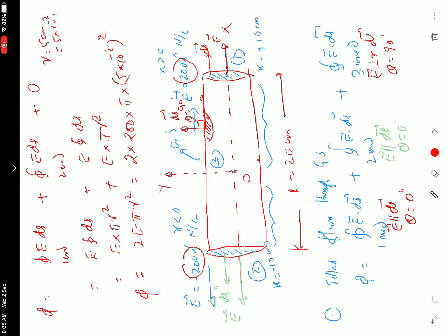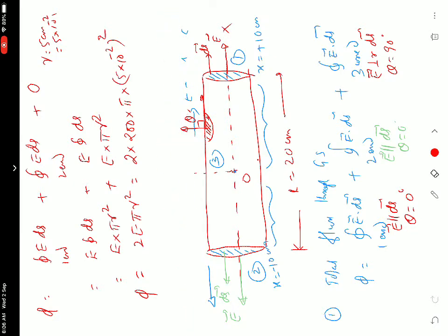So on calculation, what will be the value? You can calculate this value. Can anyone calculate it? Total flux is equal to 2E pi r square: E pi r square through one surface, E pi r square through the other surface.